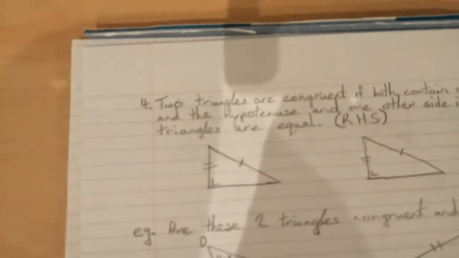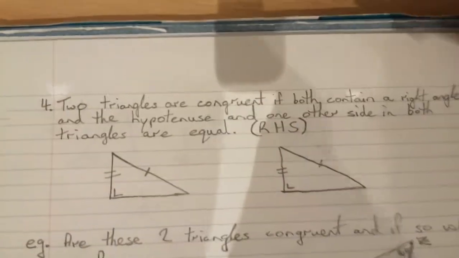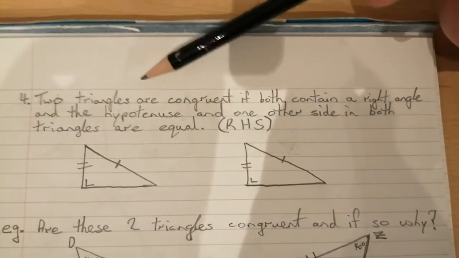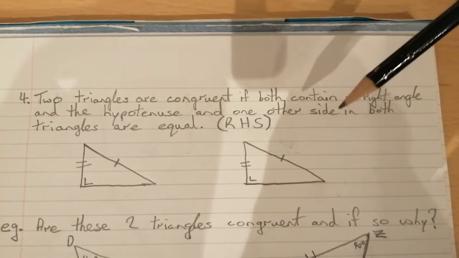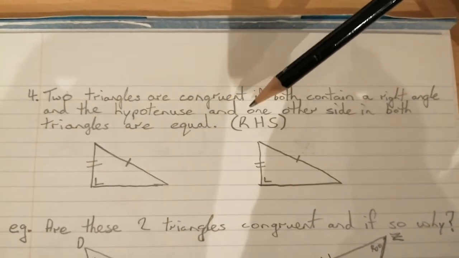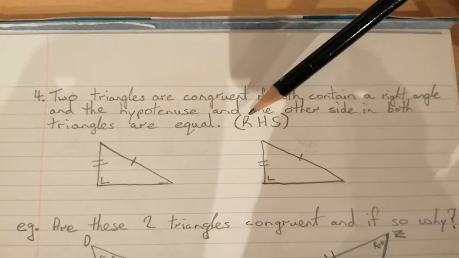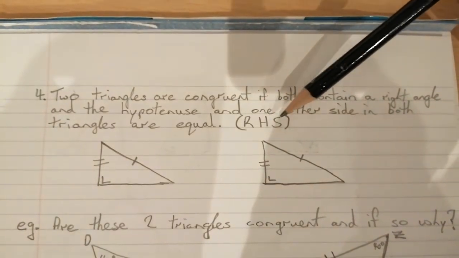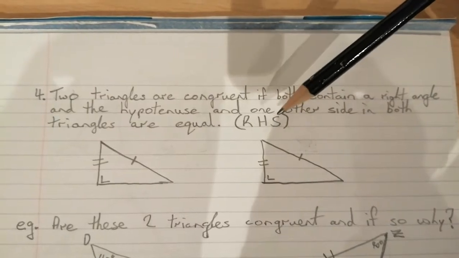Okay, and our last one then is, 2 triangles are congruent if both contain a right angle and the hypotenuse and one other side in both triangles are equal. I suppose the shorthand then is RHS, for right angle, hypotenuse, other side, basically any other side.